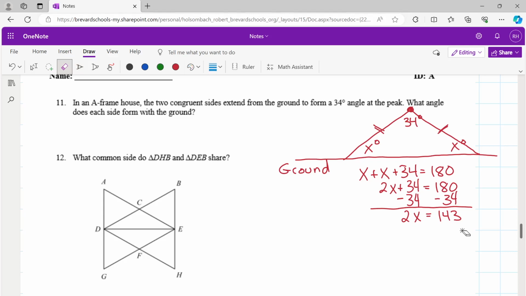That's 146. And we'll divide by 2. And our x equals 73. So each side, what angle does each side form with the ground? That's 34 degrees. No, it's not. I'm sorry, it's 73 degrees.